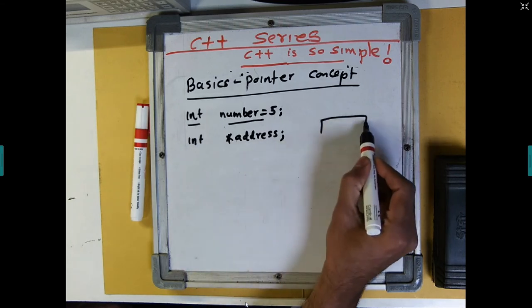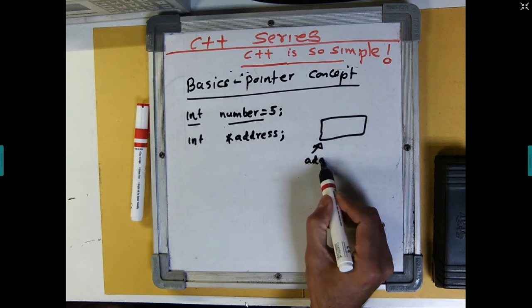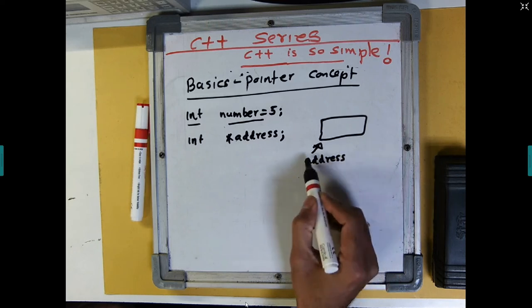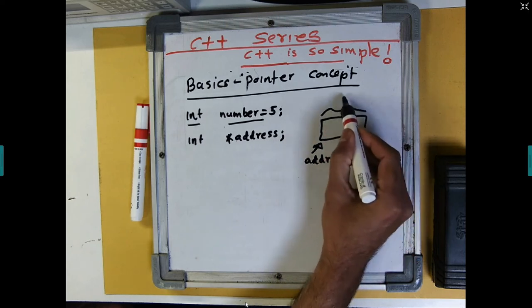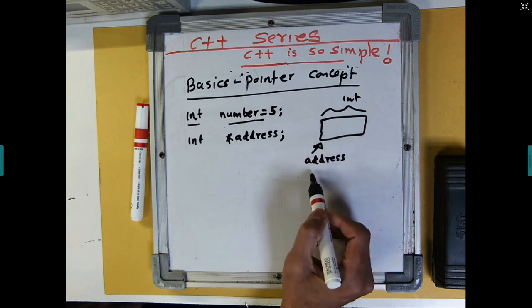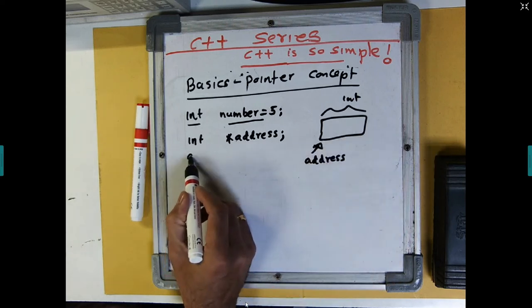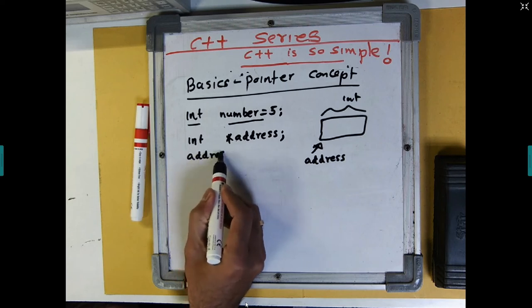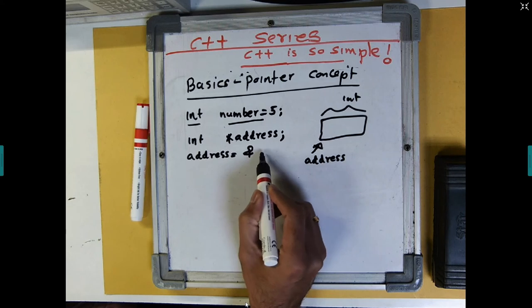The address is pointing towards an integer. The type of the variable is integer, and address is a pointer. Now we can say that address is equal to address of number.